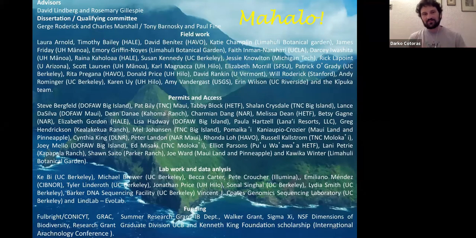Special thanks to Hawaii Experimental Tropical Forest. A lot of my data for Mauna Kea was taken in Laupahoehoe. Also had the chance to collect in Pu'uwa'awa'a, but didn't find it, it was not the right habitat for this type of spider. So thank you so much for your help to all these agencies. Also, thank you to people who helped me with lab work and data analysis at UC Berkeley and several sources of funding.